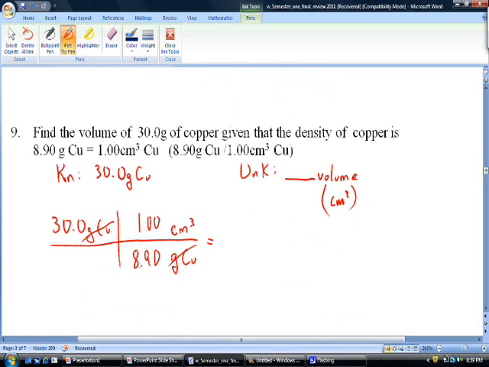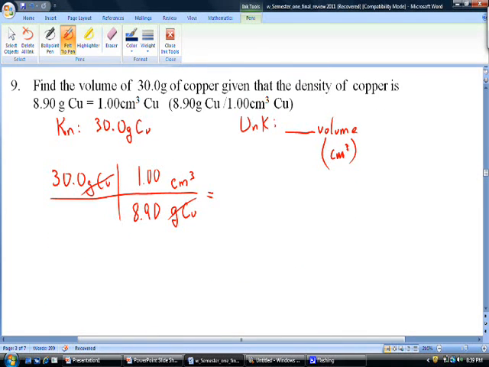And number 9, kind of similar to the problems we were working up earlier here in the worksheet. Find the volume of 30 grams of copper given the density of copper. And so we start with our 30 grams of copper, and we need a unit multiplier that will cancel those grams of copper out and convert them to centimeters cubed.